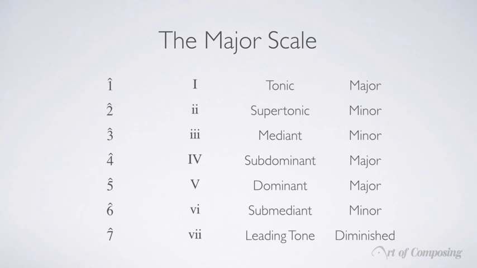Subdominant is major. Dominant, built off of the 5th scale degree, is major. Submediant is minor. The leading tone is diminished. And then, once again, we're at the octave. So that's major.